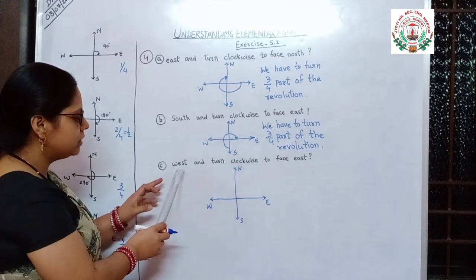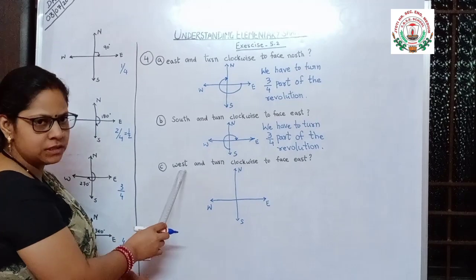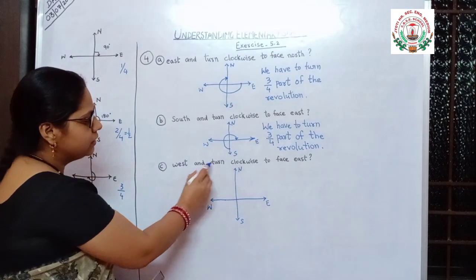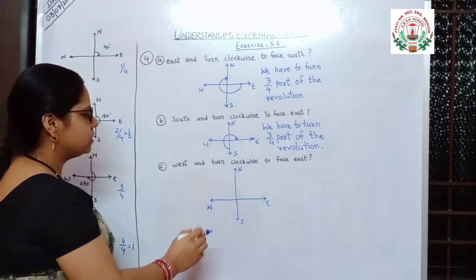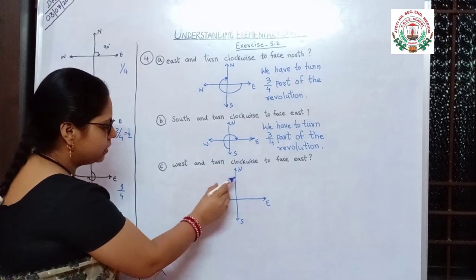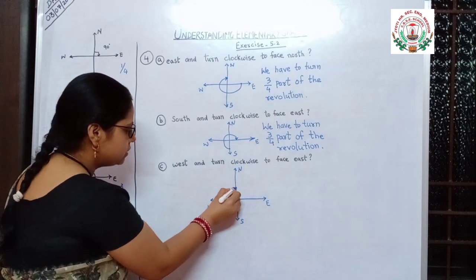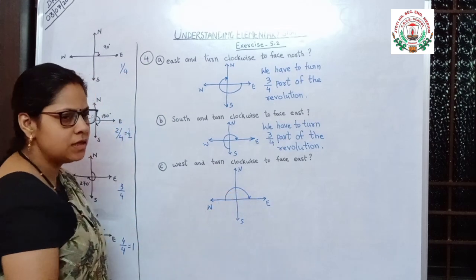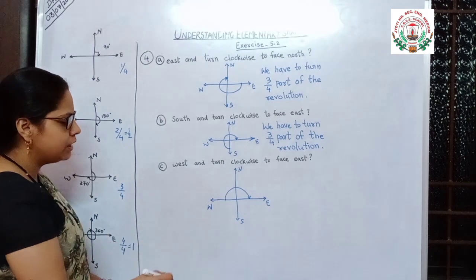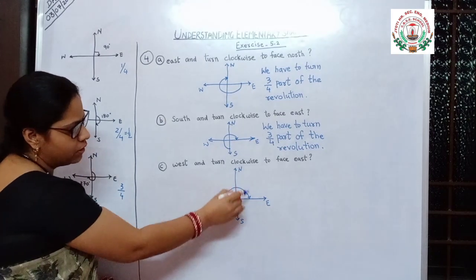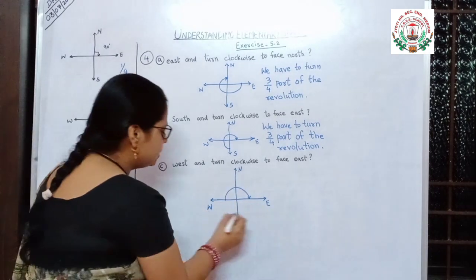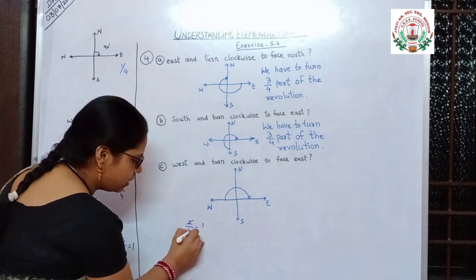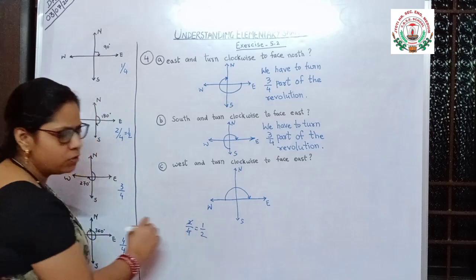And now here in the third part, now you are at the west direction, and turn clockwise to face east. Clockwise you have to turn to face the east. Now which part you have covered here? This is 2 parts out of the total 4. If you cancel, 2 ones are 2 and 2 twos are 4. So 1/2 you got.